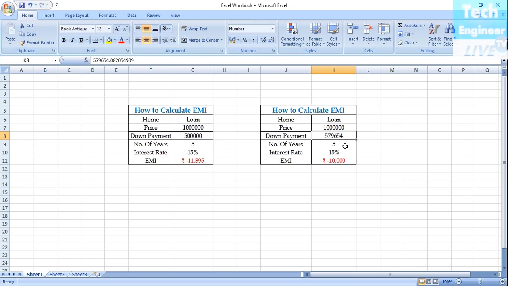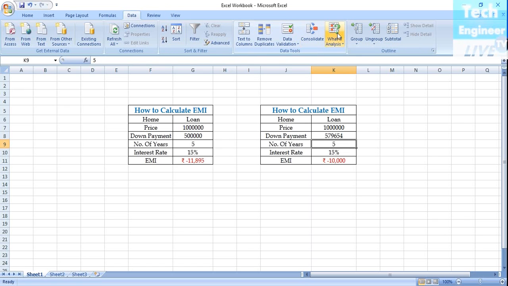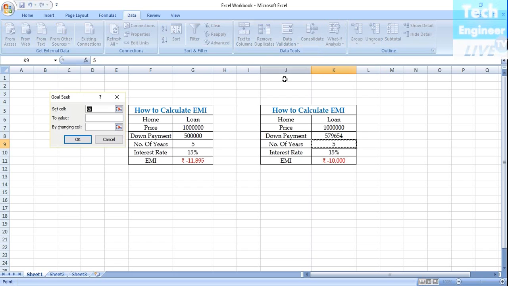Now if I want to keep the 10,000 but increase the years, what will the down payment be? If I go to Data once again, What-If Analysis, Goal Seek, and say I want to increase the term to 10 years, then what would the down payment be?